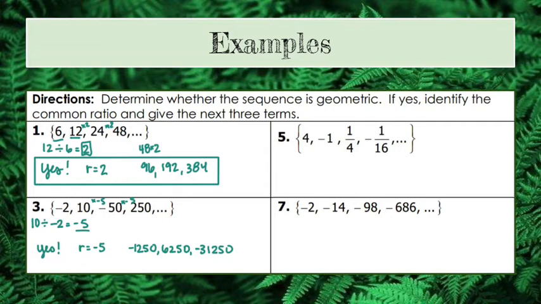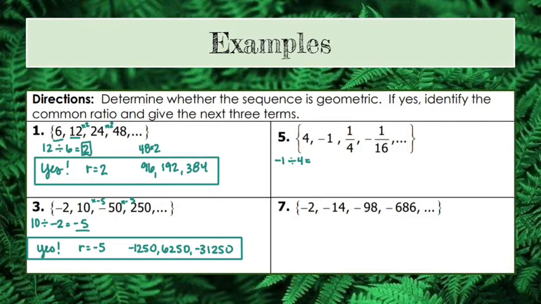All right, number 5. We're going to do -1 divided by 4 to tell us what we had to multiply by. And that is going to equal -1/4. So then if we multiply everything by -1/4, does that work?